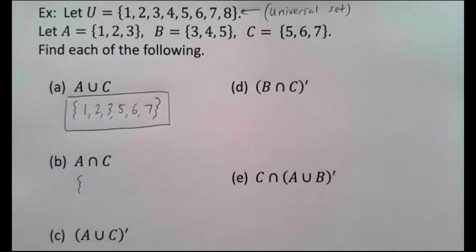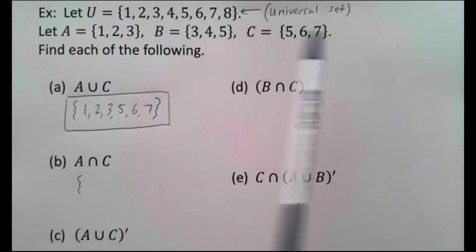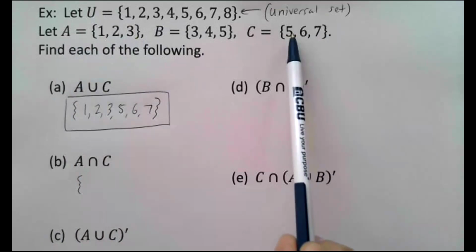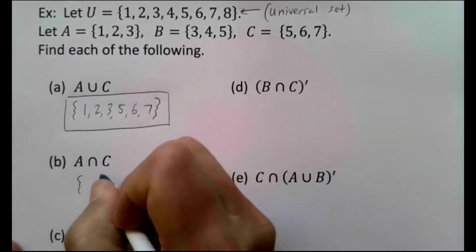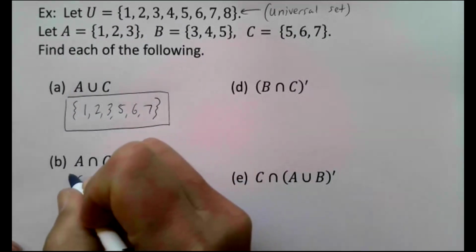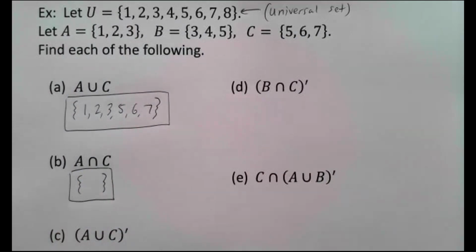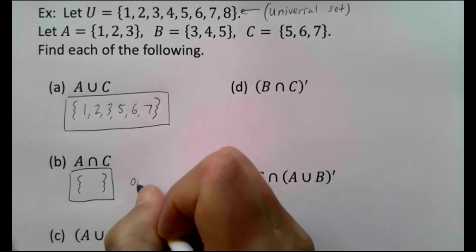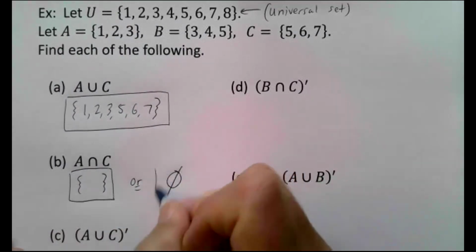Unfortunately, I don't see anybody that is in both A and C at the same time, right? 1, 2, 3 is in A, 5, 6, 7 is in C. There is no overlap between those two. And so this is actually going to be empty. That's something else we learned in an earlier section, about empty sets. Sometimes our answer is the empty set. And remember, we can denote it that way, or we can denote it that way. Those are both good answers.